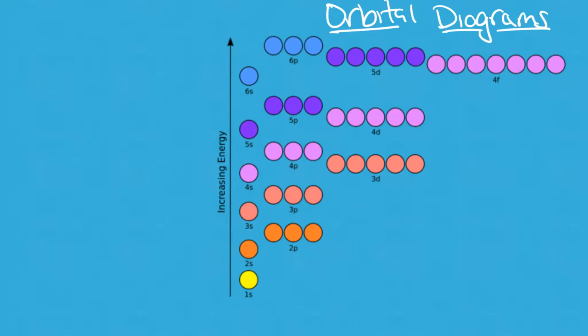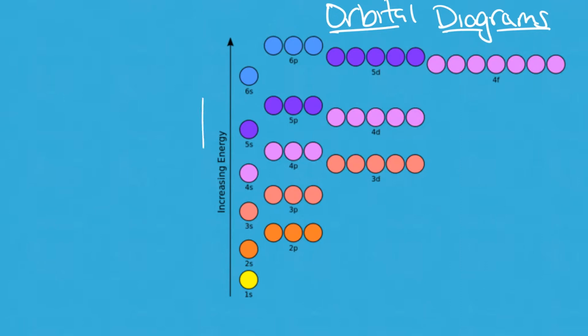Let's quickly talk about some of the aspects of what we have here. In this orbital diagram that I'm showing you, it's listed in increasing energy, so you can see which sublevel or energy level has more energy than the other.